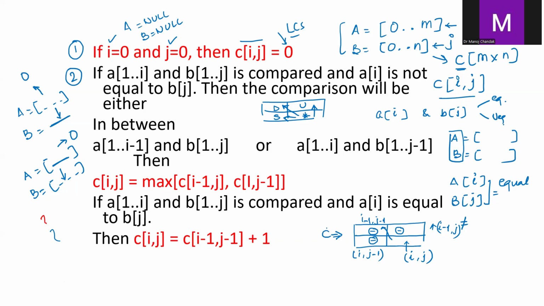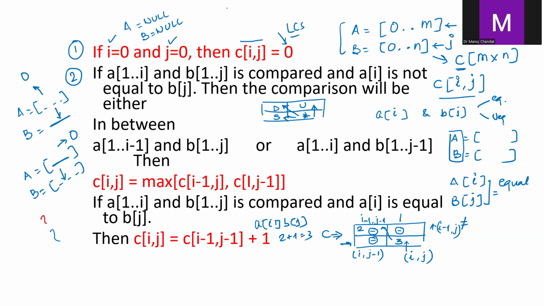So if the diagonal value is 2 and A of i and B of j are equal, then we will write the length as 3 here because already two characters are found same in the previous computation. So the value will be 2 plus 1 equal to 3.